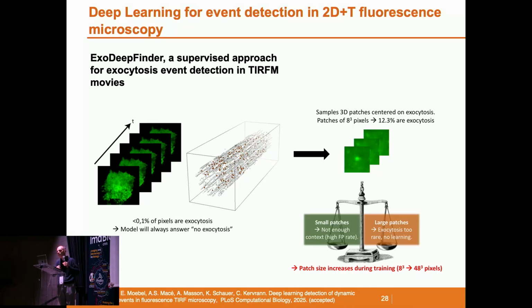But if you consider a very small context, you have many false alarms. That's why during the training, we first consider small patches to have many false alarms. And after a few epochs, we increase the field of view to guide the model to detect these events.